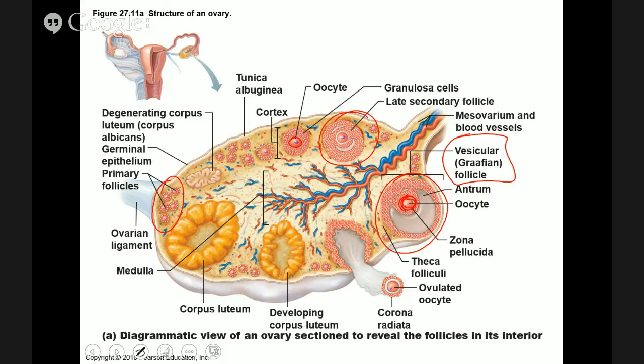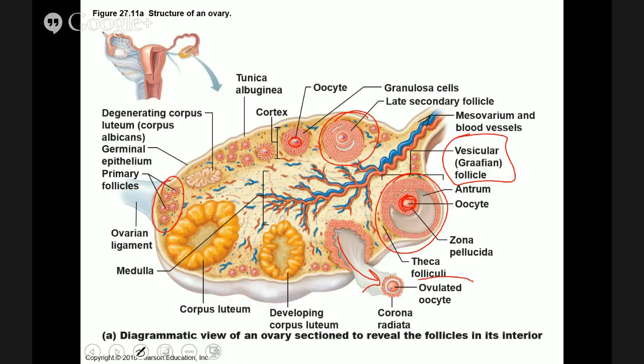Finally, when the hormone mix and the hormone concentration is just right, this follicle is going to expel the oocyte, and that's a process we call ovulation.